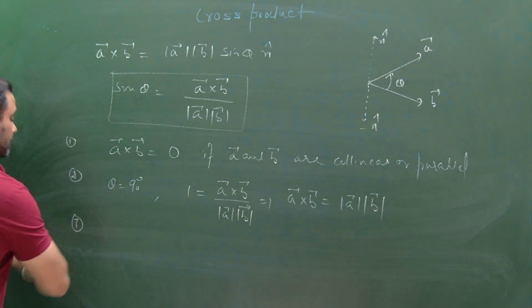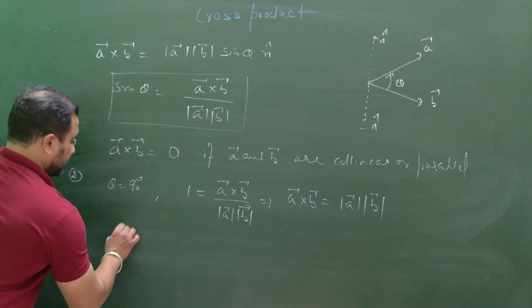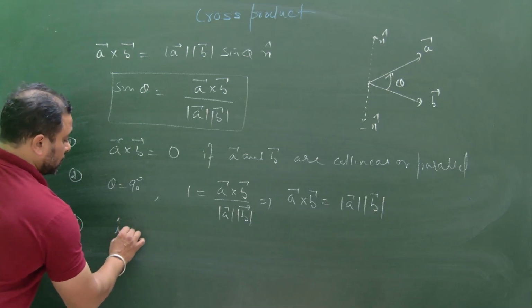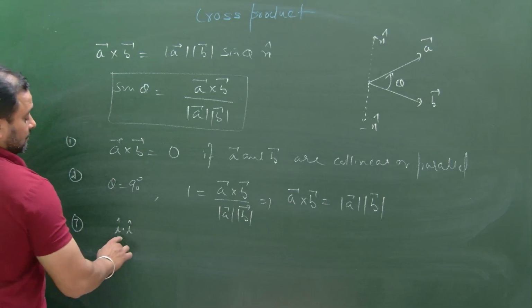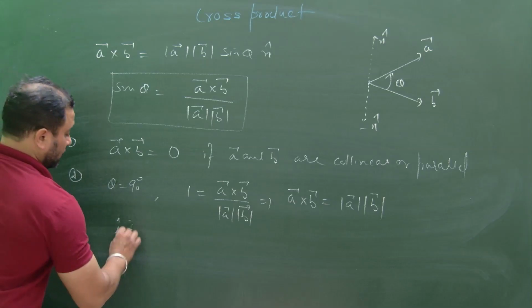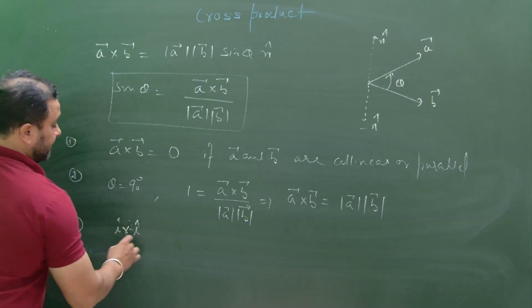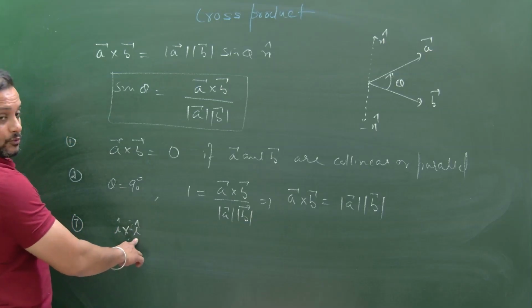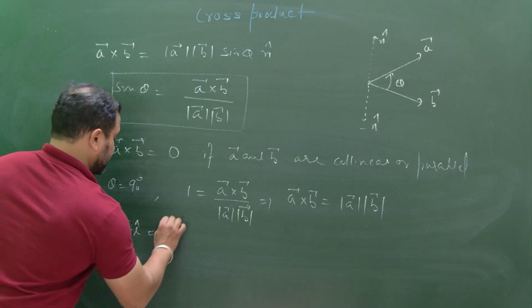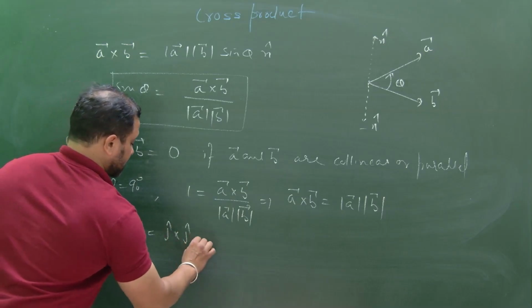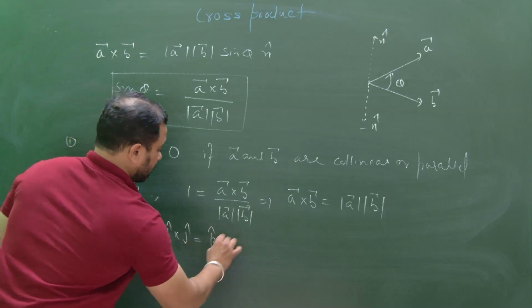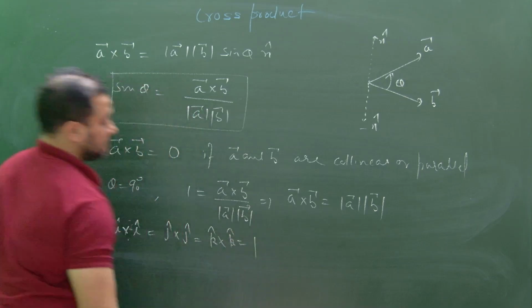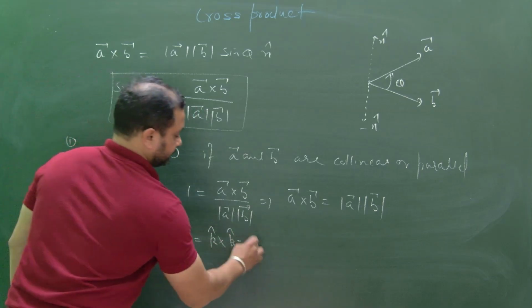The third thing to remember here in the cross product: the cross of i cap with i cap, j cap with j cap, and k cap with k cap is equal to 0.